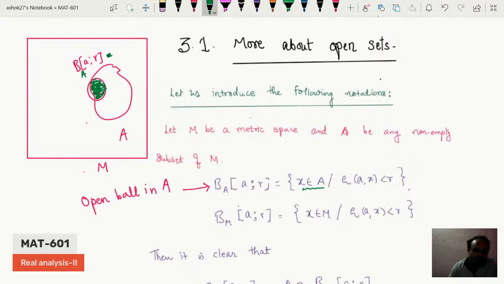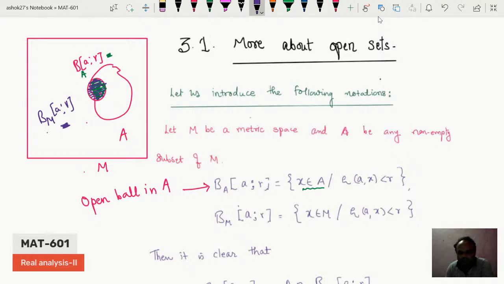So it contains the whole open ball. This total open ball in M is this.